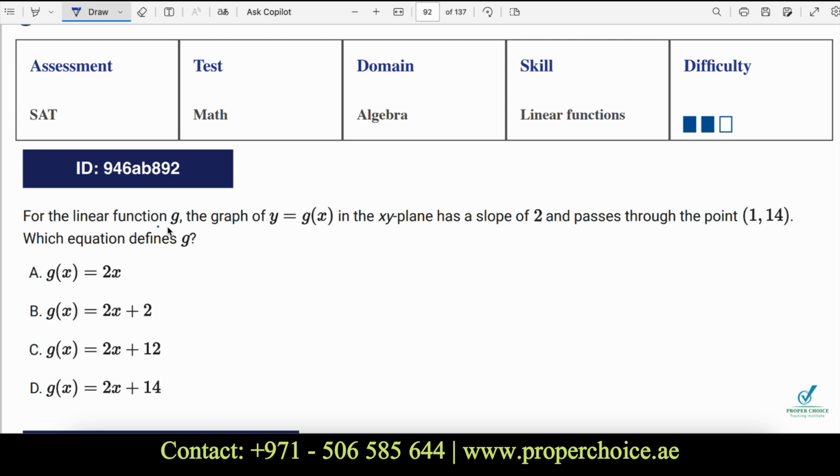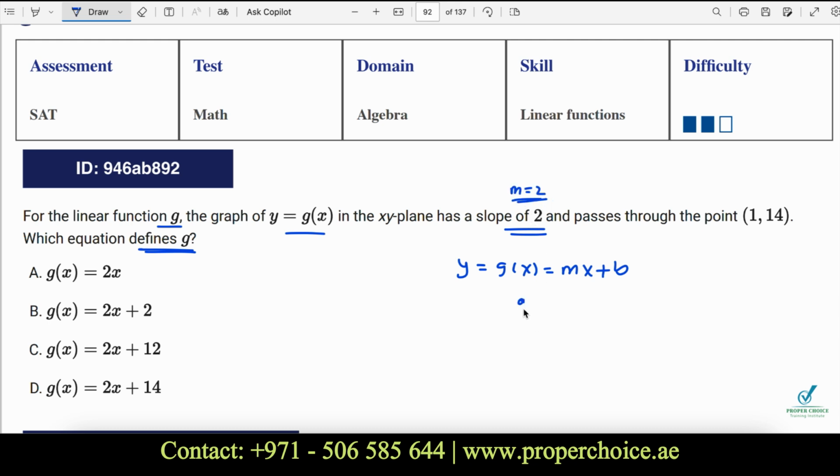For the linear function g, the graph y equals g(x) in the xy-plane has a slope of 2 and passes through the point (1, 14). Which equation defines g? If you write y equals g of x, what is the equation of a line, which is mx plus b? In this case, the value of m is going to be 2, which they clearly said.